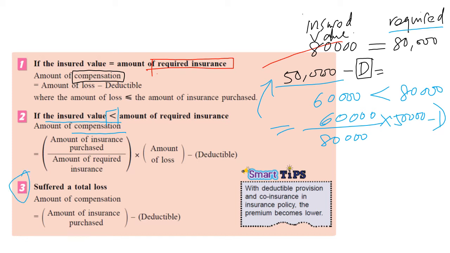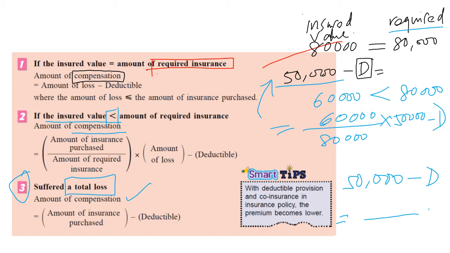For number 3, if you suffered a total loss, the amount of compensation is the amount that you purchased. Let's say you insure the house for 50,000. You minus the deductible, and you'll get the compensation.